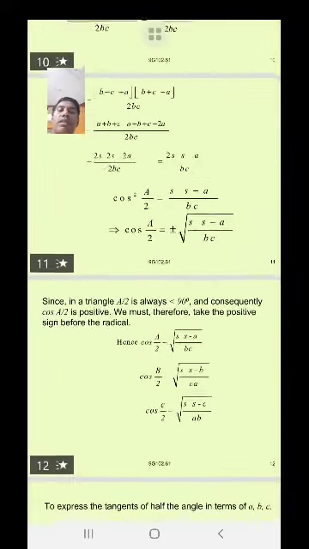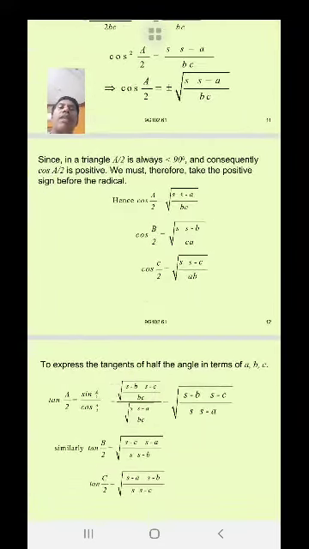Next, since in a triangle A by 2 is always less than 90 degrees and consequently cos A by 2 is positive, we must therefore take the positive sign before the radical.